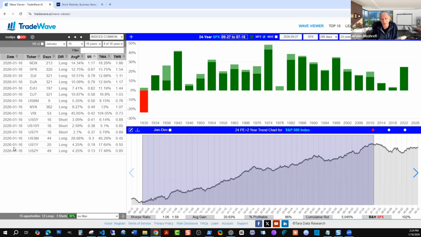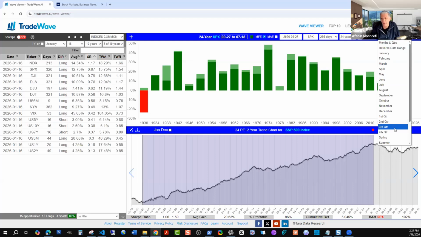I call this the 100-year pattern, and this is why I named the book The 100-Year Pattern. It dropped 23% in the Great Depression era and never again. This is a good time to be long or do long trades during this period. Before that, things are not going to be so great.